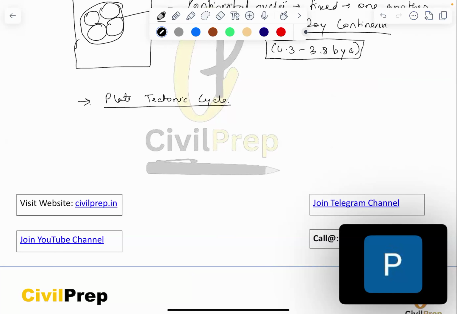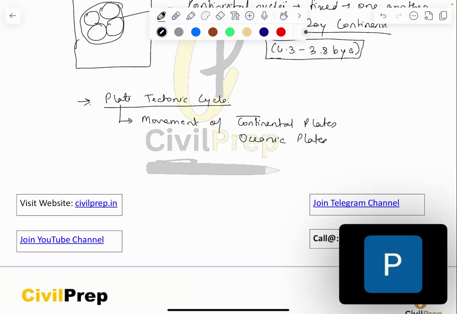Under the plate tectonic cycle, it resulted in the movement of continental plates, and it also resulted in the movement of oceanic plates.